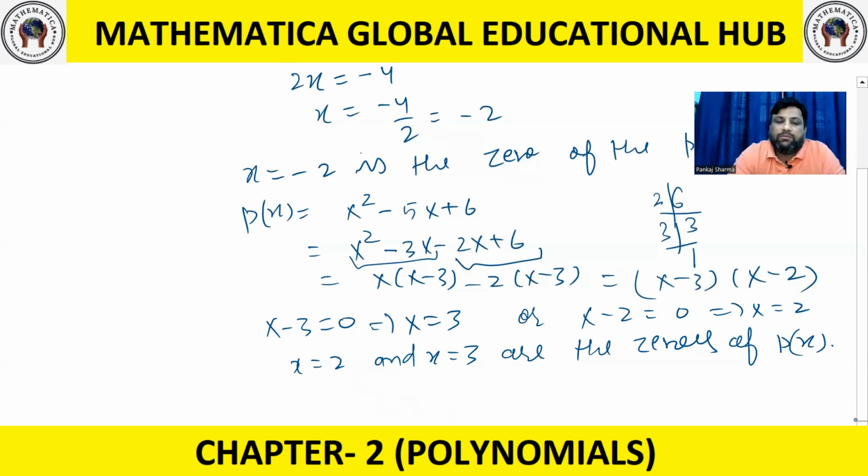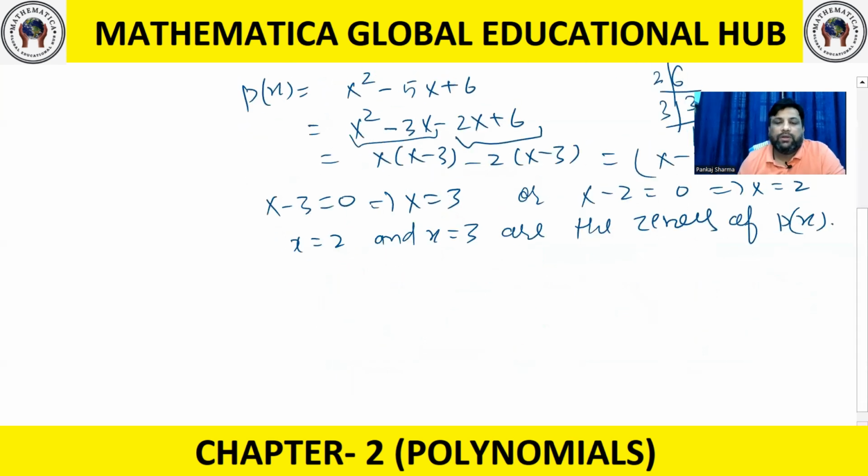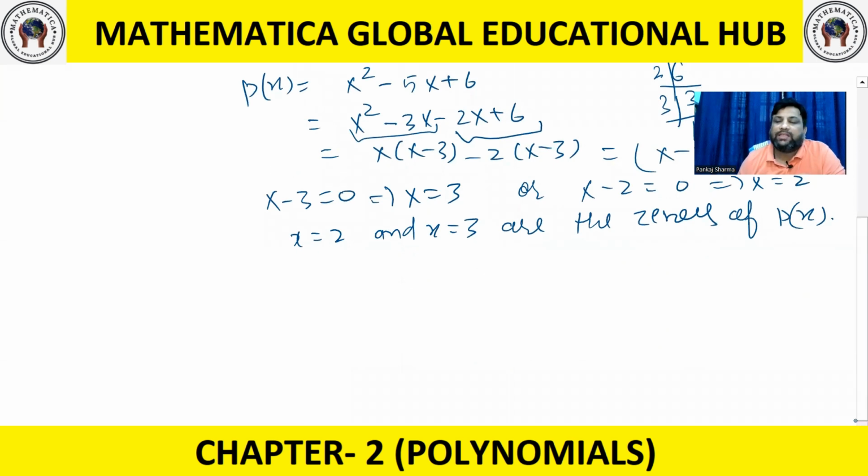Now we have learned that the value of x for which this p(x) becomes 0 is called the zero of a polynomial. Now we need to learn what the geometrical meaning is.